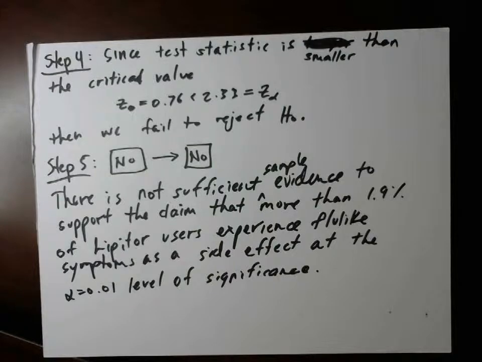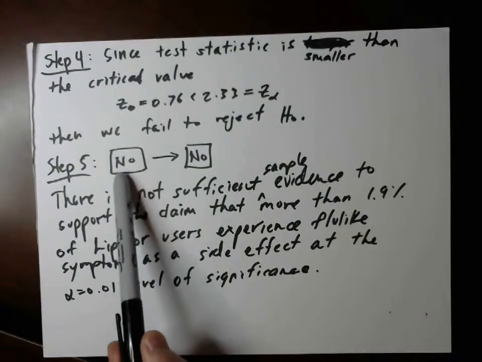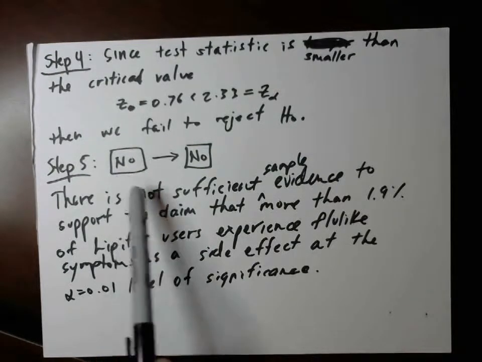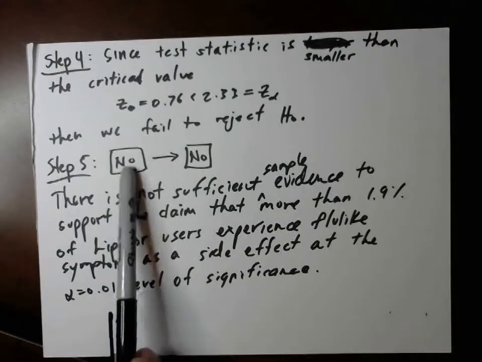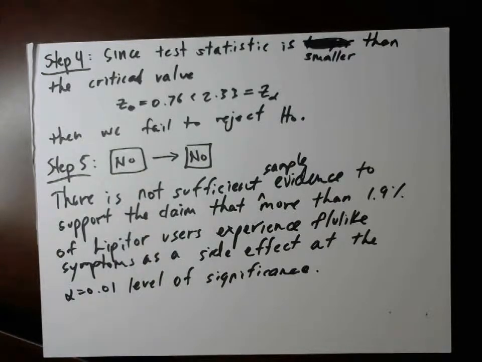So if you read the second option of the wording, where the other fail to reject, it also says there is not sufficient evidence. But the wording's different because the first step, if we would have said yes here, would set up the wording so that we are addressing equality in our claim, because we want to copy and paste our claim right in there at the end of the sentence.